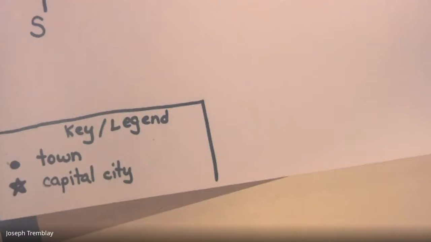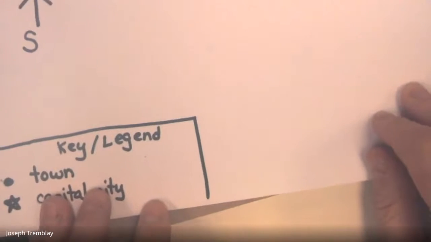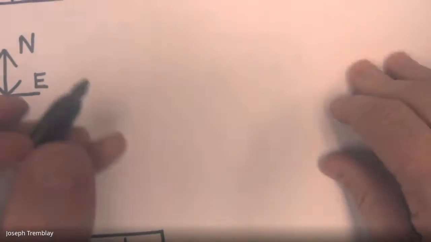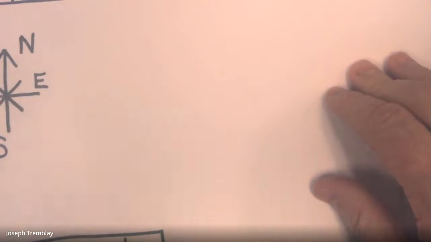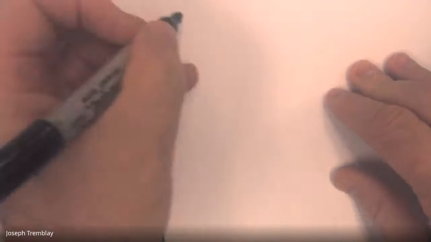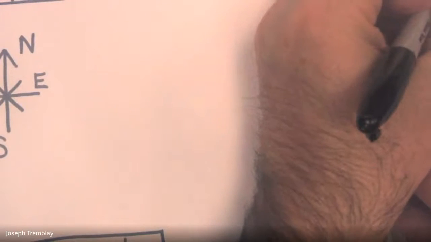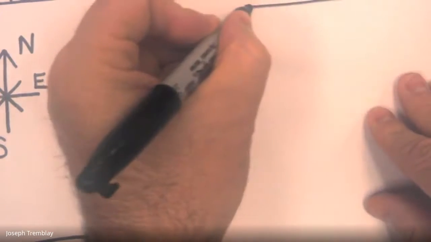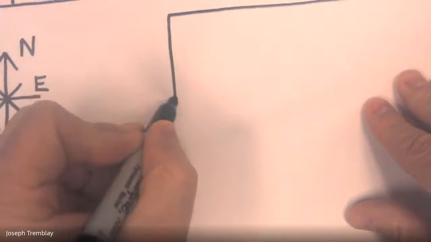The next part of the map would be the grid. So here's my map. I'm going to go ahead and label it. Let's see. I'm going to draw a line over here and a line coming down.